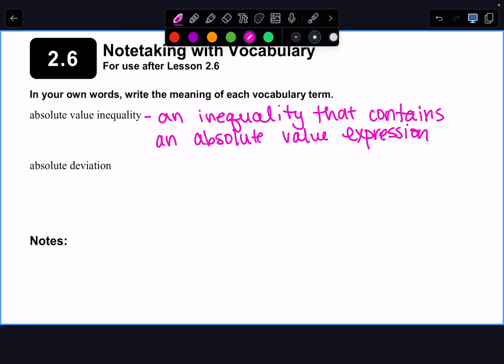So we have an absolute value with an algebra expression inside of it and an inequality outside of it.